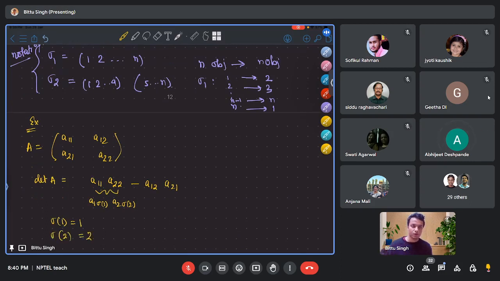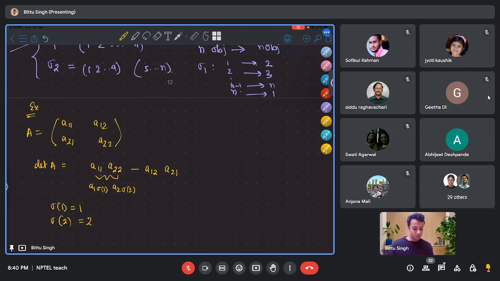That is, this is actually the identity permutation. And again, if we write A1, A2 with sigma dash, then sigma dash 1 is 2, and sigma dash 2 is 1.